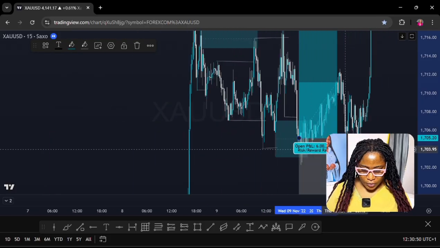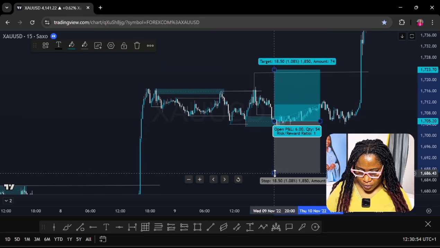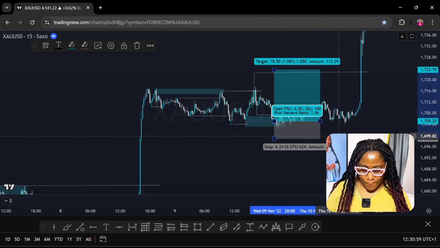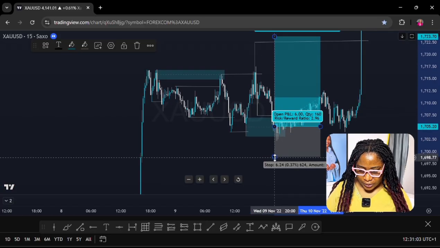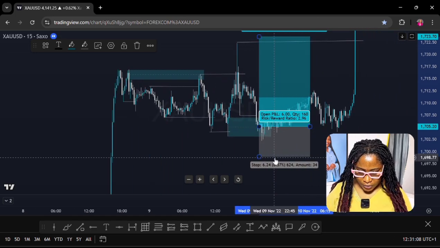There is no left to look at here. Let's see if it's too far. I'm trying to look to the left. There's really no left to look at.